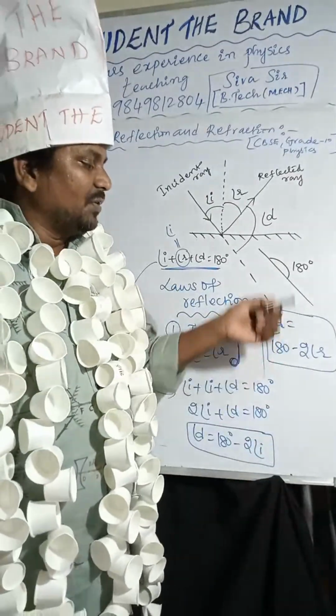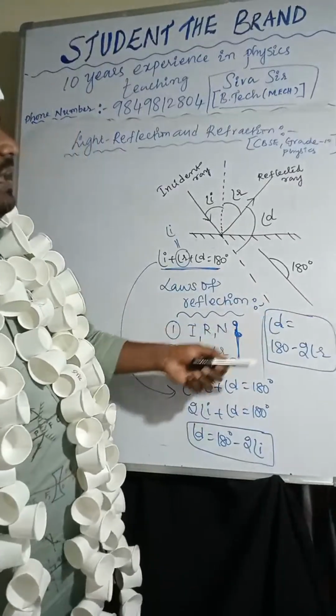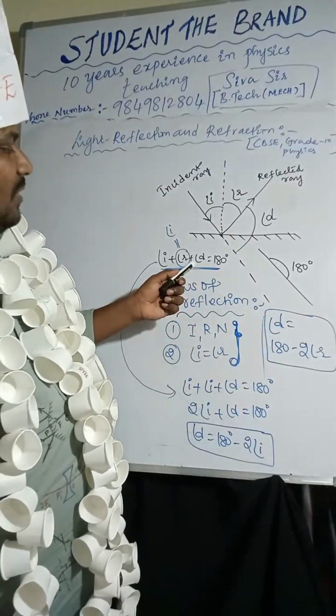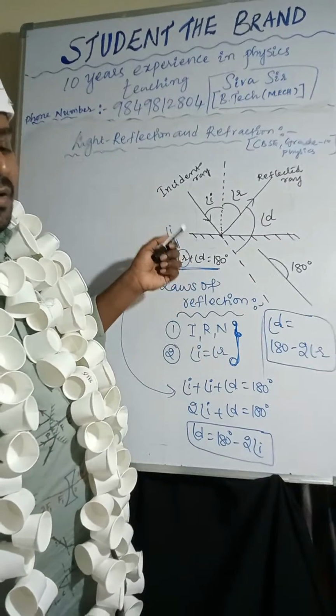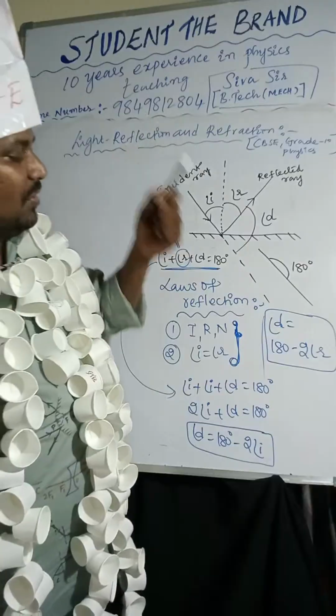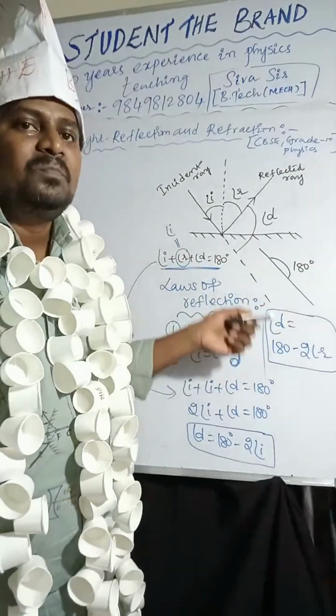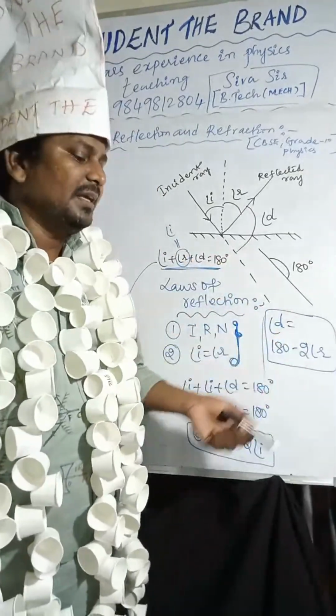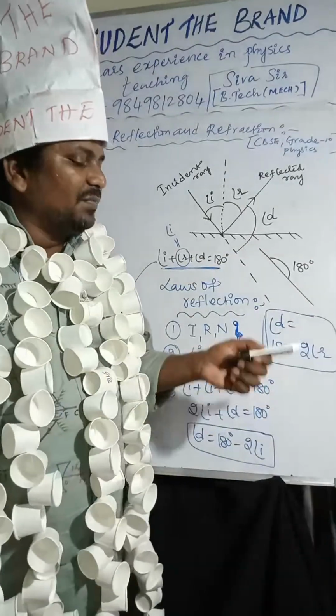Angle of deviation equals 180 minus 2 times angle of reflection. According to the substitution, based on how you consider the angle of incidence or the angle of reflection, you will get the angle of deviation. The angle of deviation formula is 180 minus 2 times angle of incidence.